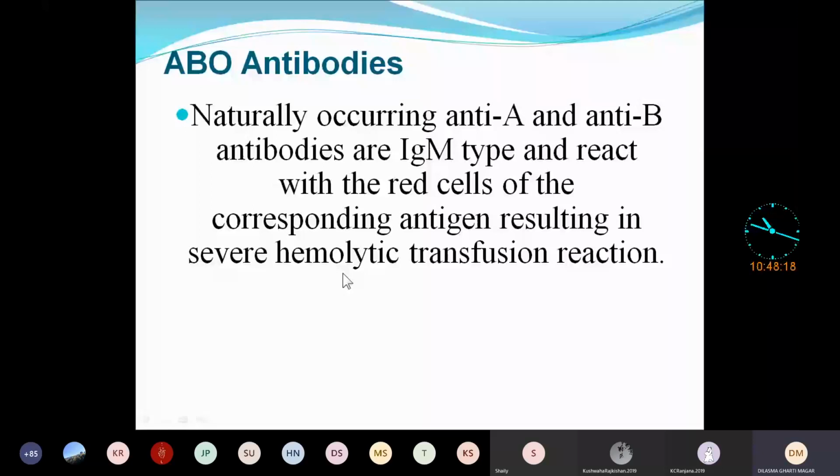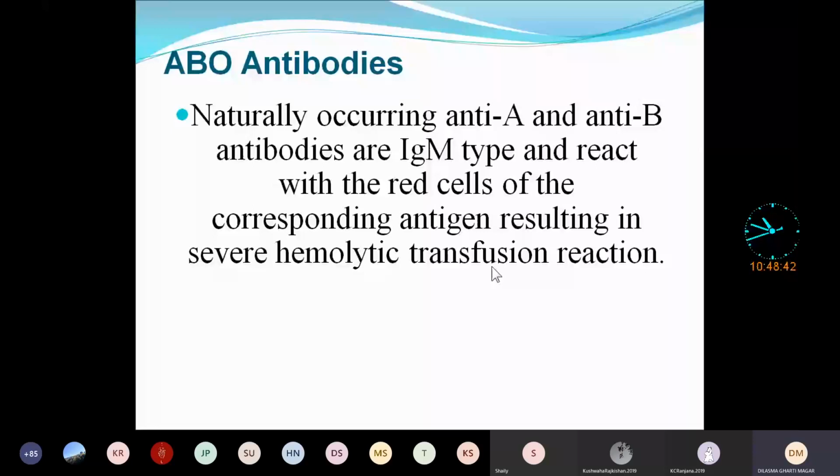So suppose a person has the B blood group. That person will have the B antigen on the surface of the RBC, isn't it so? But now if that person is given the A blood group, what happens? In the A blood group, the antibody will be anti-B, isn't it so?